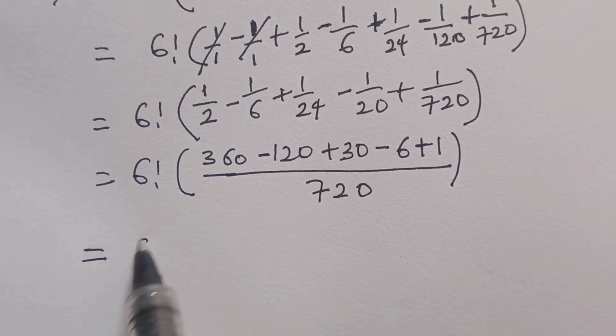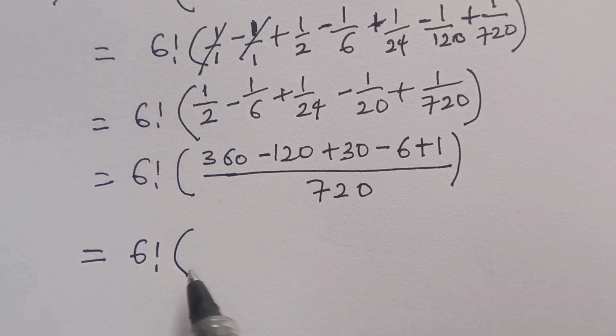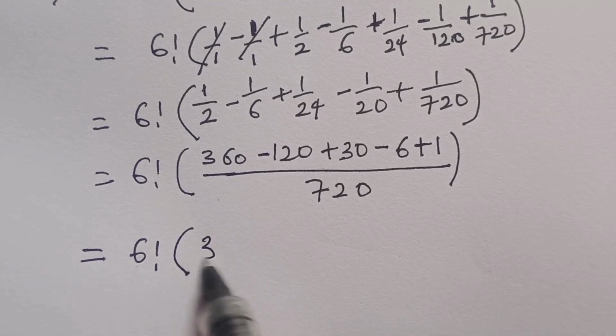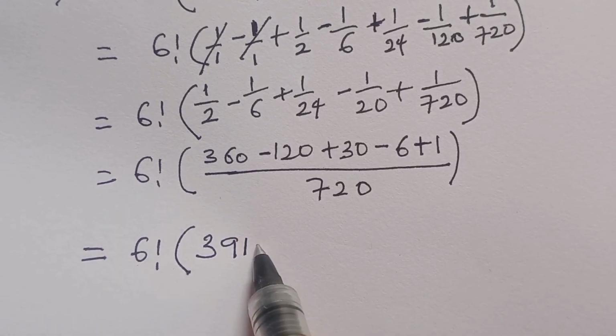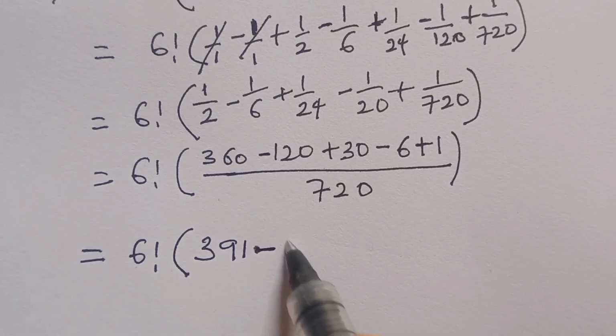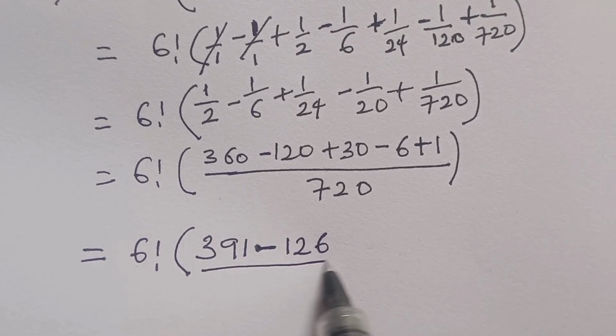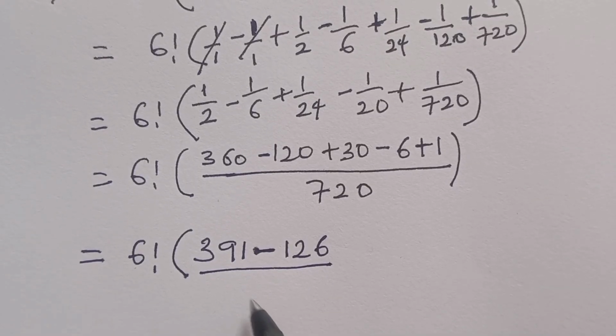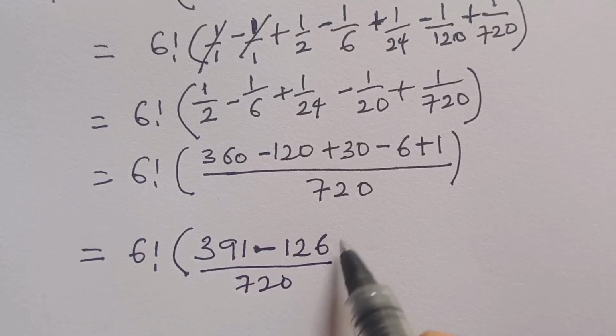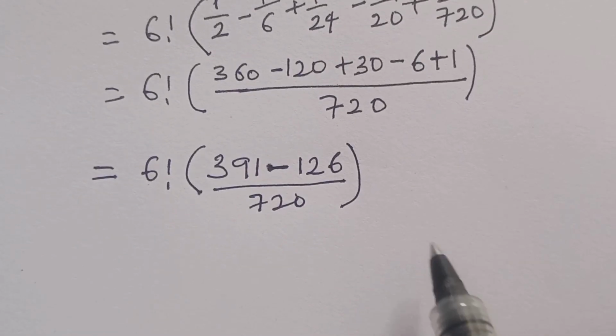Everything divided by 720. 6 factorial into brackets. If you do the addition and subtraction, you'll have 391 minus 126, everything divided by 720, then close bracket.